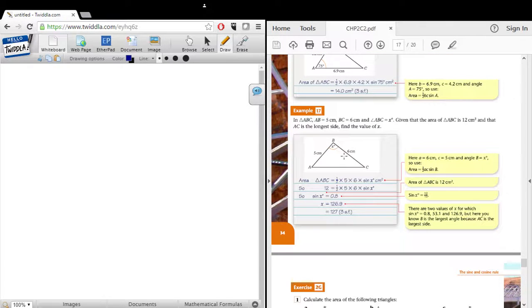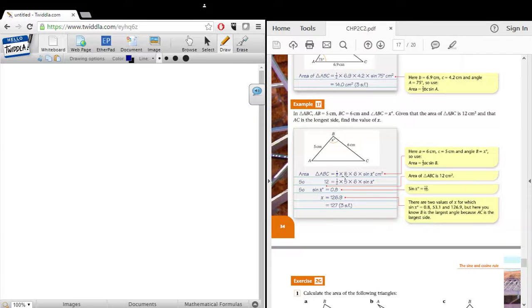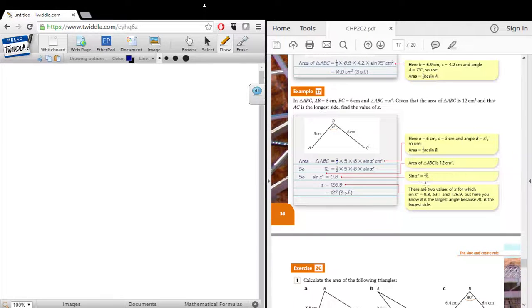Again, find the length of the longest side, AC. Sorry, find the angle. Same question posed to you: which would we use to find it? We know the area of ABC is 12, and so we have sine x degrees equals 12 over 15, if I'm not mistaken.